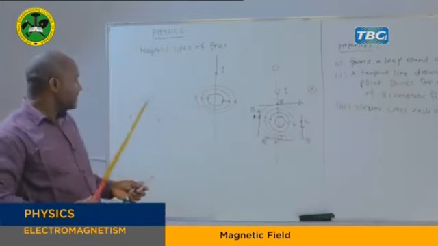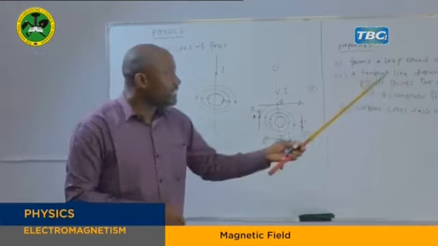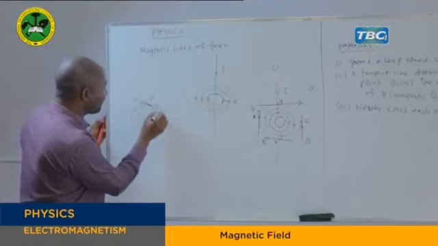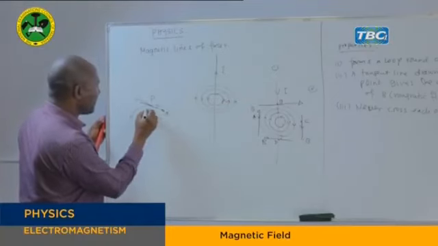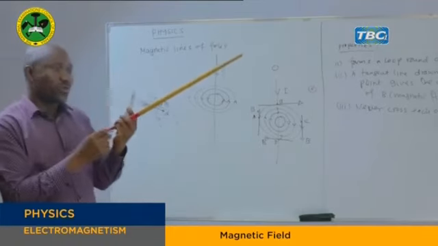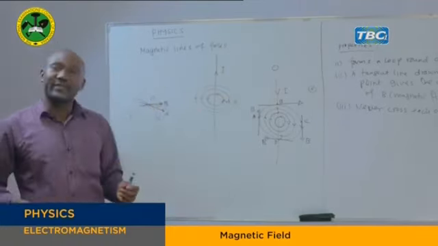Now suppose they intersect somewhere. This is an assumption. If you draw a tangent line at any point, say you choose this point here and draw a tangent line, that's our B. And here another, that's our B. So it seems that we have two directions of the magnetic field at a point, which is not possible.